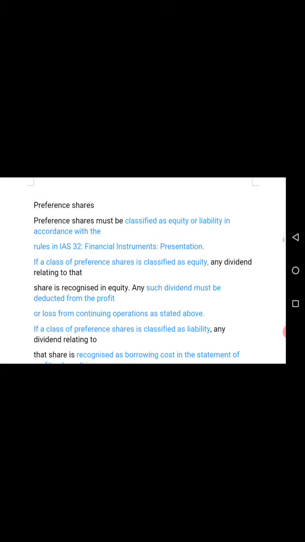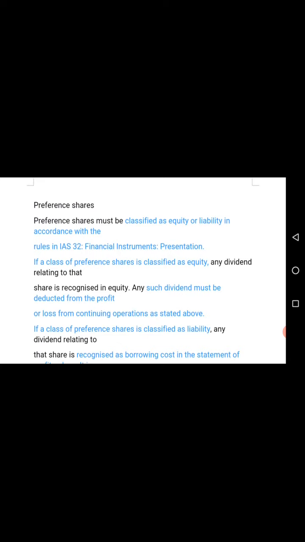Preference shares must be classified as equity or liability in accordance with the rules in IAS 32. And IAS 32 is financial instruments, the presentation of financial instruments. If a class of preference shares is classified as equity, now this is how to treat it. Any dividend related to that, you pay dividends to equity holders.